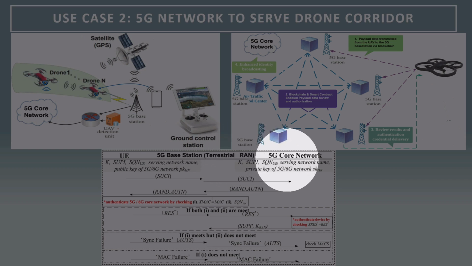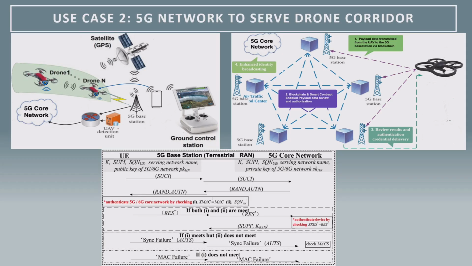And you have the 5G core network, which collects all this information and provides the 5G features for the drone system, okay? In this model, this is the authentication scenario, which uses encryption. This information is encrypted, and there is an exchange of encryption keys between all these entities to define whether this session is verified or not, to open a connection between the user equipment, the cell phone, and the 5G core network.